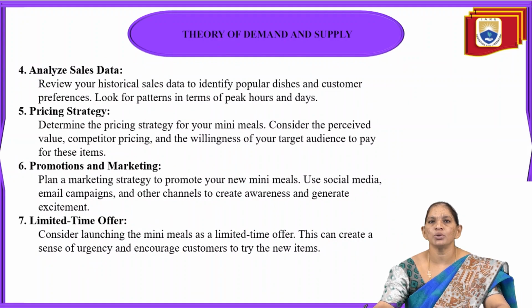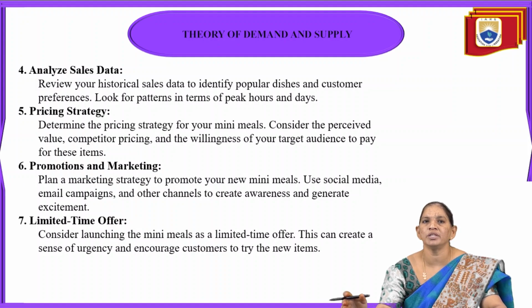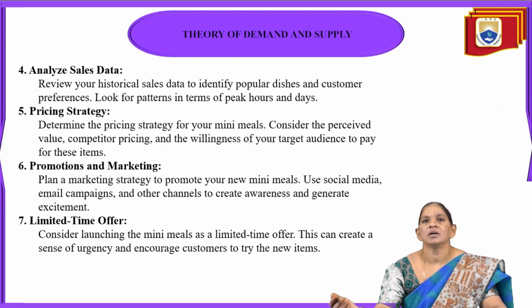Next, analyze the sales data. Review our historical past sales data and identify the popular dishes, since tastes and popular dishes vary by area. Based upon those preferences, we should consider which dish has a good impact and how the pattern at peak hours can be identified.